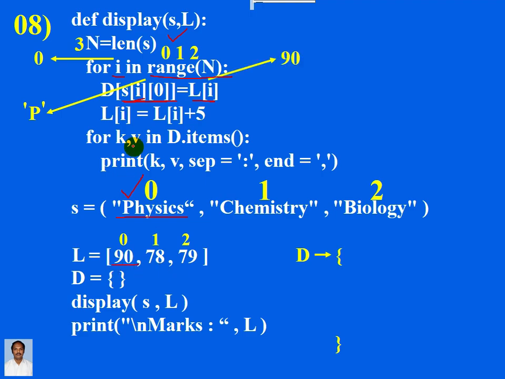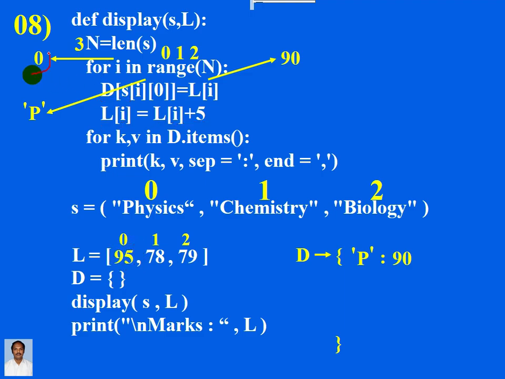So D of P equal to 90, meaning P colon 90 will be inserted into dictionary D. So this key and this value, key value pair will be inserted. So P colon 90 inserted. Now I is 0. L of 0, that is 90, 90 plus 5, 95, that is assigned to L of 0. So your L of 0 becomes 95.